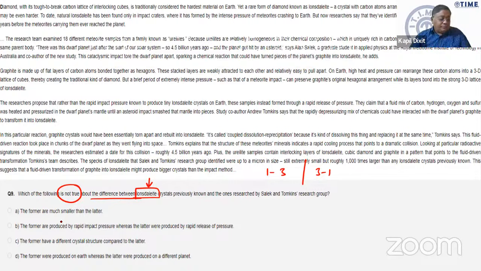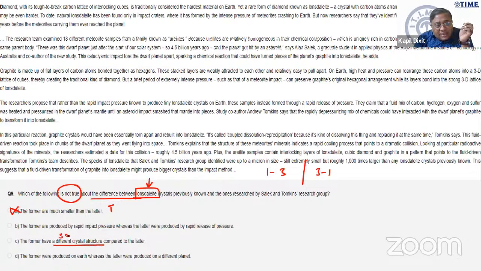Okay. Which of the following is not true? The former are much smaller than the latter. True. This is true. We have to find the not true one, so this will not be the answer. The former has a different crystal structure.